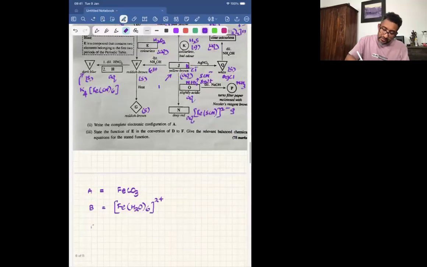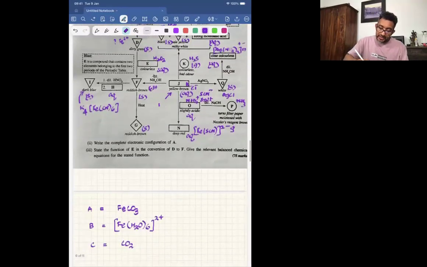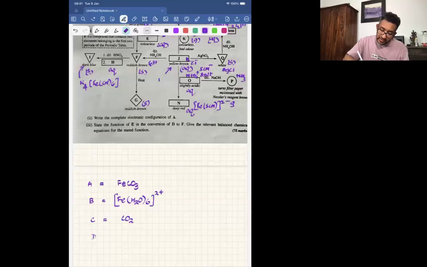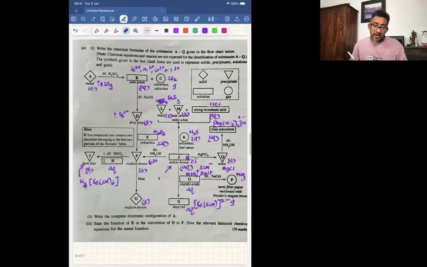C is carbon dioxide. Check. You add sodium hydroxide, Fe2+, dirty green precipitate. It is ferrous hydroxide. Ferrous hydroxide is D.